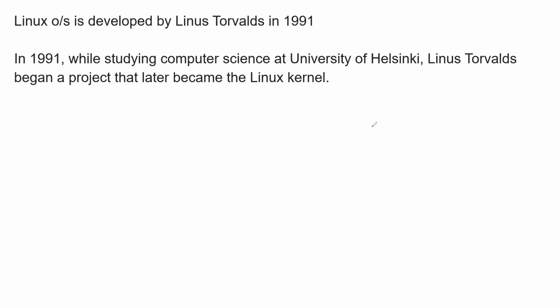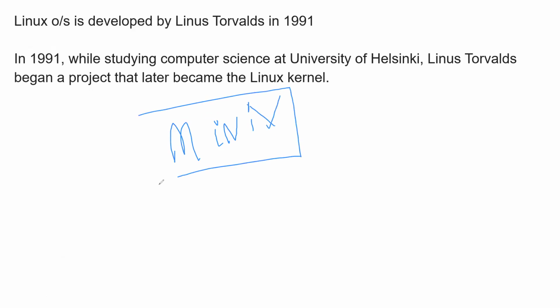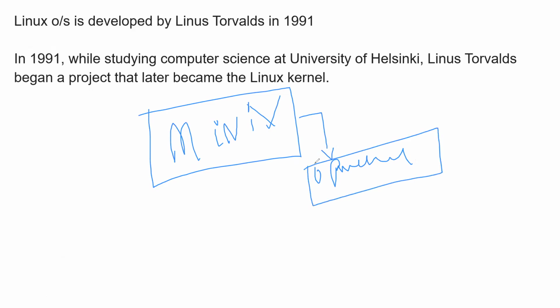They suggested an open source Unix operating system called Minix. Minix is an open source operating system. So when I talk about Unix, Minix is one open source operating system. They recommended all the students do a project on Minix.